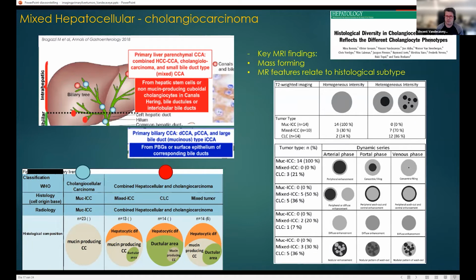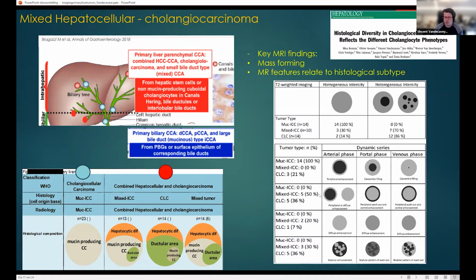And actually what we found when we compared the mixed tumors or cholangiolocarcinomas as opposed to intrahepatic mucinous cholangiocarcinoma, was a heterogeneity in the mixed tumors, heterogeneous intensity at T2, but more importantly, during the dynamic contrast-enhanced MRI, we had a target-like appearance or a nodular-like appearance that seemed to combine the features of hepatocellular cancer and cholangiocarcinoma.